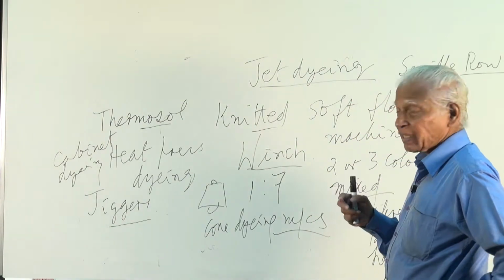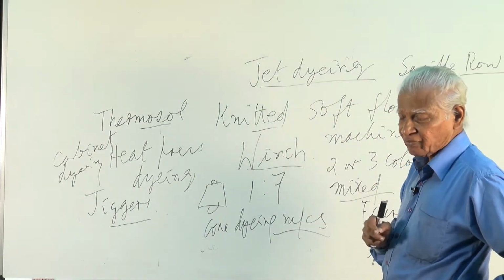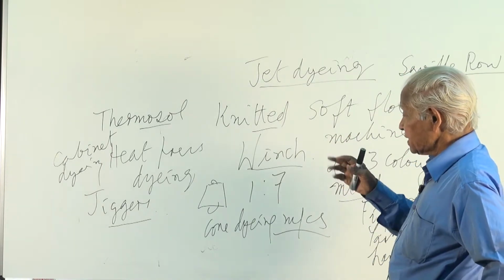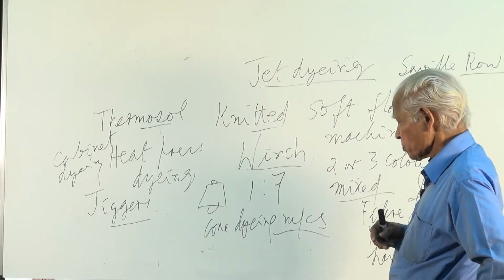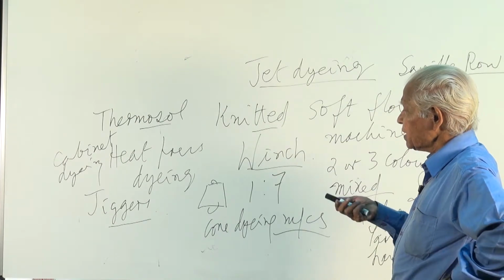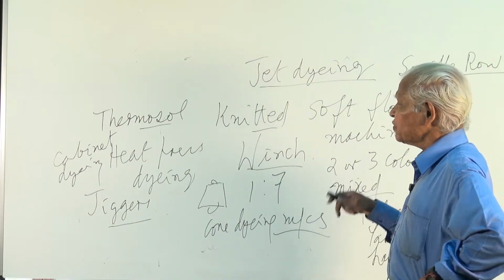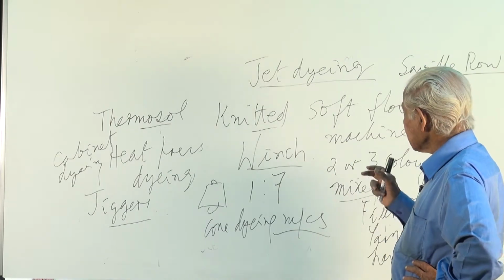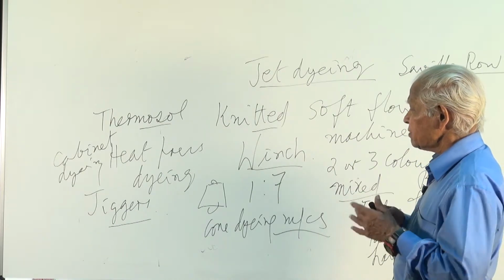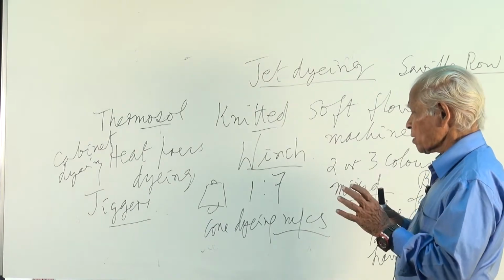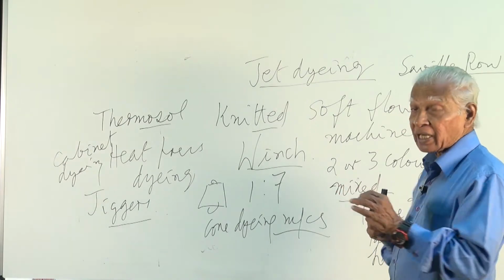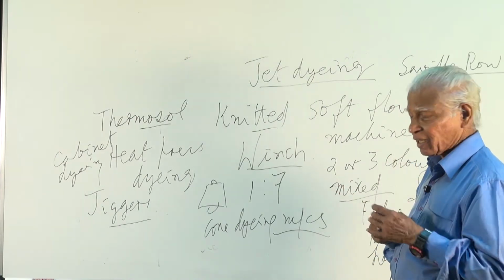And a vat dyed material, suppose we put a drop of sodium hydrosulfite on that material, the leuco compound will appear, which will show that it has been dyed using a vat dye. And for reactive dyes also, there are tests to confirm that these reactive dyes have been used. And this is done with a view to checking the right type, whether the right type of dye has been used, and number 2 is whether no cheating has been done.